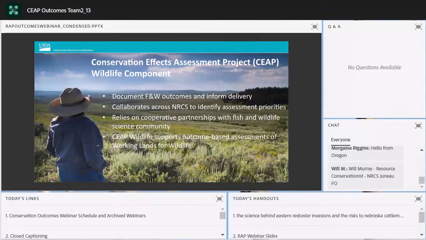Some of these solutions are illustrated in the new Working Lands for Wildlife magazine, included in today's links, as well as recordings of previous outcomes webinars from last April and August. Liz mentioned that those links to the previous webinars are also in today's webinar presentation.